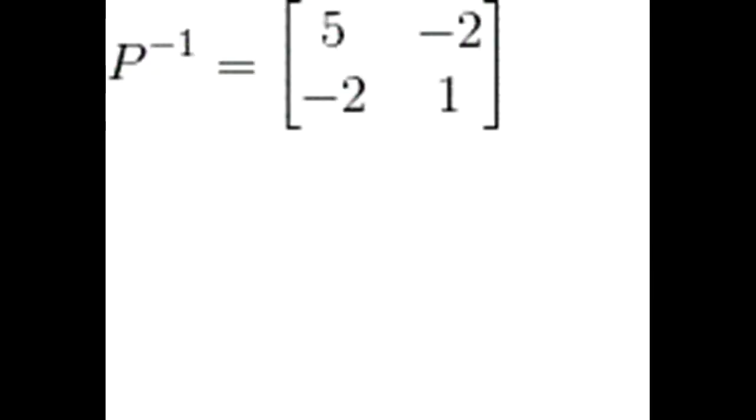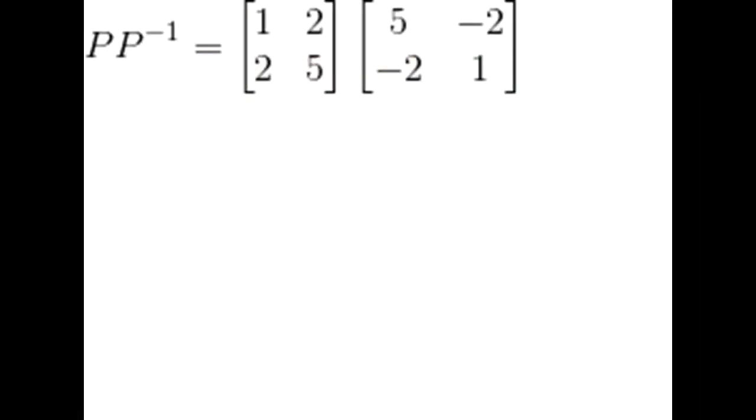Well, I'll just do the first example. I'll just walk you through the computation. First, we find P inverse, which is 5, -2, -2, 1.